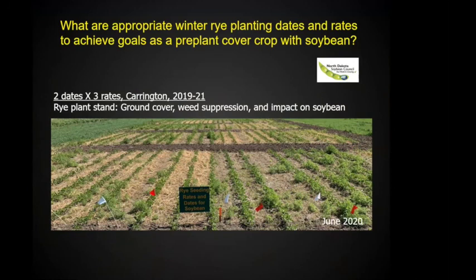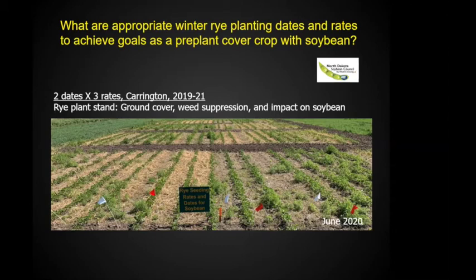The first study that I want to talk about is still ongoing, but we want to answer the simple question: if we plant a cover crop before a soybean, and the cover crop chosen is winter rye, what's the best time to plant it in the fall, because we have a wide window of planting for winter rye? And also, what's the best planting rate to achieve a population that will serve whatever goals you may have?